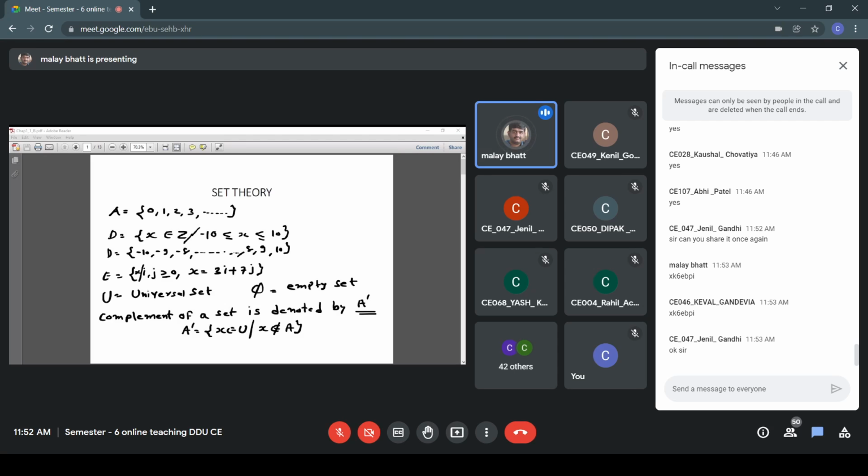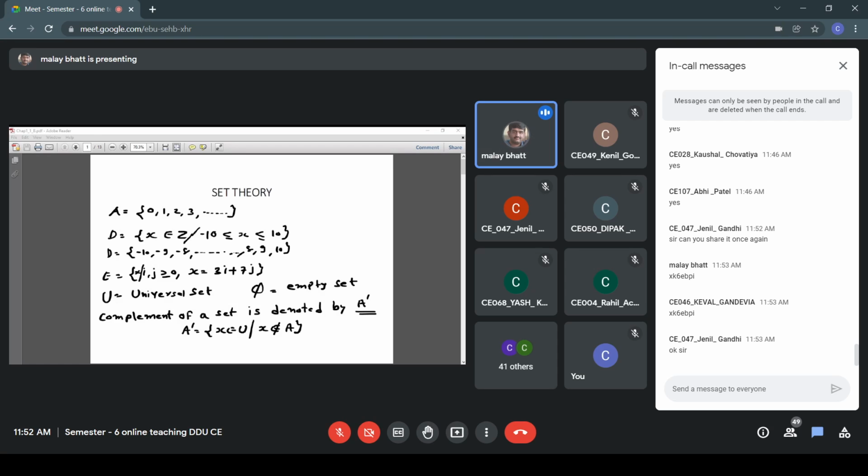When I take i equal to 0 and j equal to 1, we get the number 7. When I take both i and j as 1, we get the number 10. That's how you can generate the different elements of the set E. So we can represent the set in the form of an equation also.